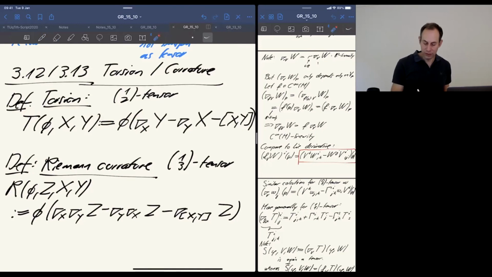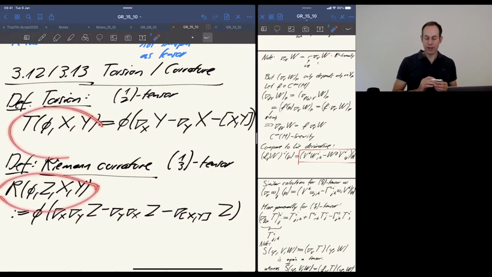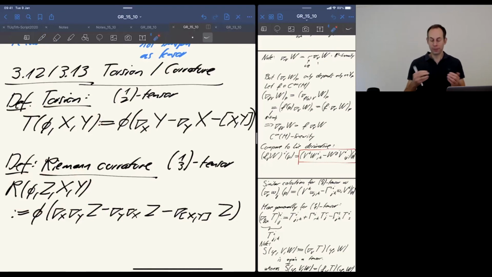So these are new objects which in coordinates are functions of the gamma symbols, but they correspond to the components of a tensor, and therefore they are at the end coordinate independent objects.